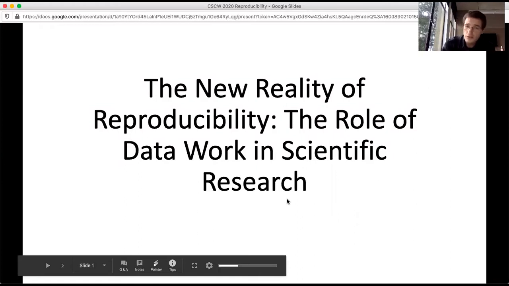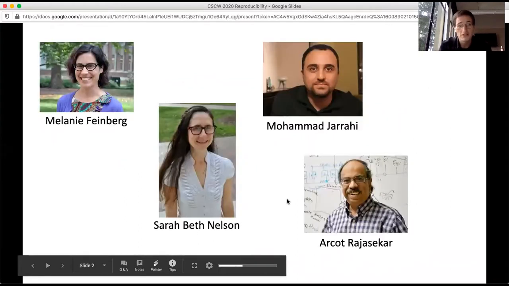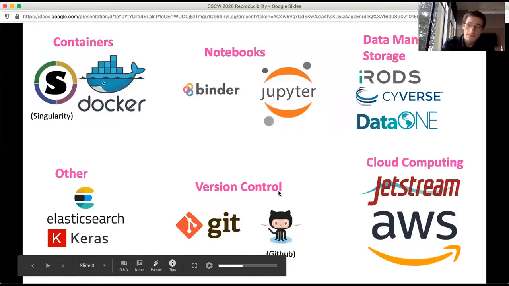And this was a project that I worked on with my wonderful collaborators, Melanie Feinberg, Beth Nelson, Mohammad Jarrahi, and Arcot Rajasekar. And it centered around a workshop that was meant to teach these sorts of data tools and practices to researchers in the natural sciences for the most part, mostly PhD students and postdocs in fields like genomics, bioinformatics, physics, material sciences, chemistry.